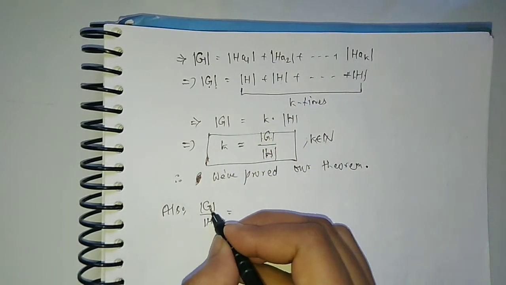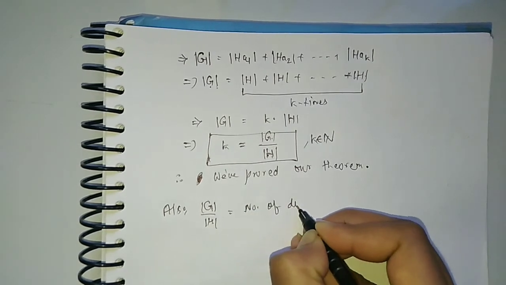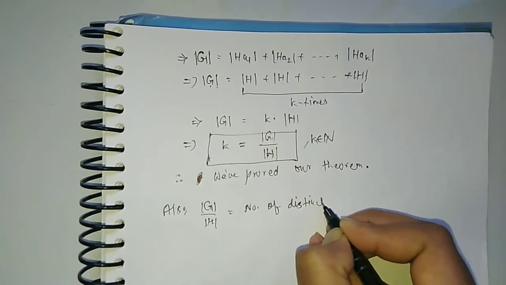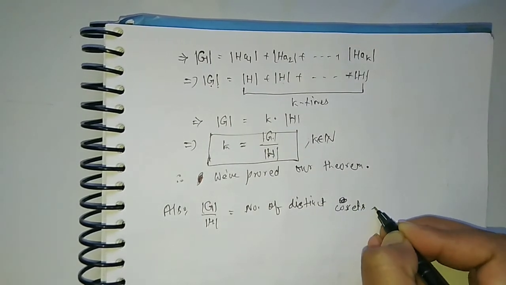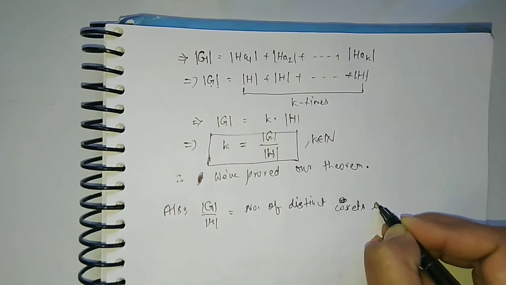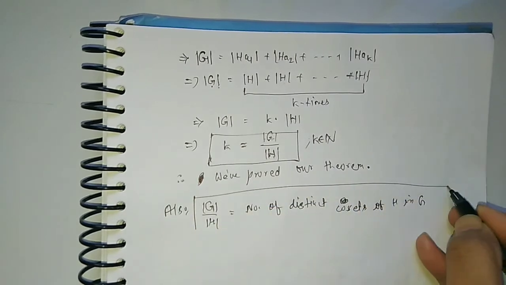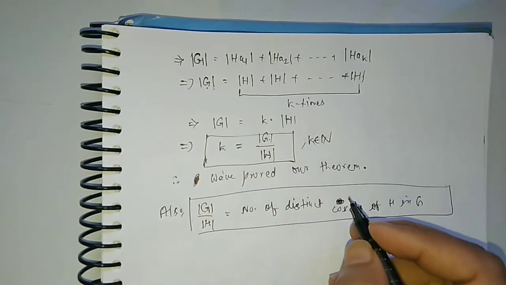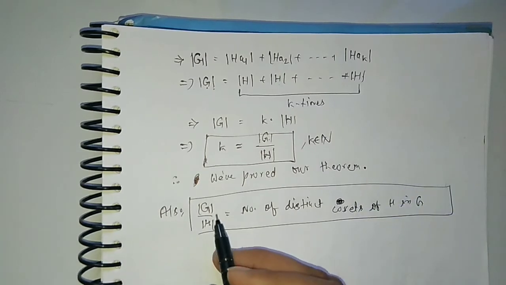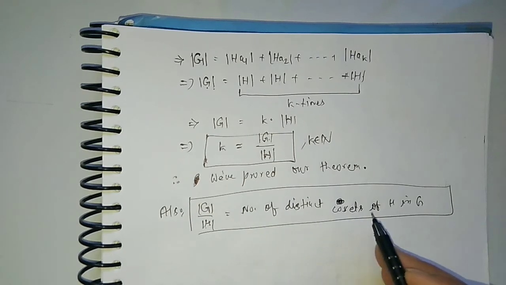So order of G upon order of H will be equal to the number of distinct cosets of H in G. Here we have taken the coset only because the number of right cosets and left cosets are always equal. So order of G upon order of H will be equal to the number of distinct cosets of H in G.